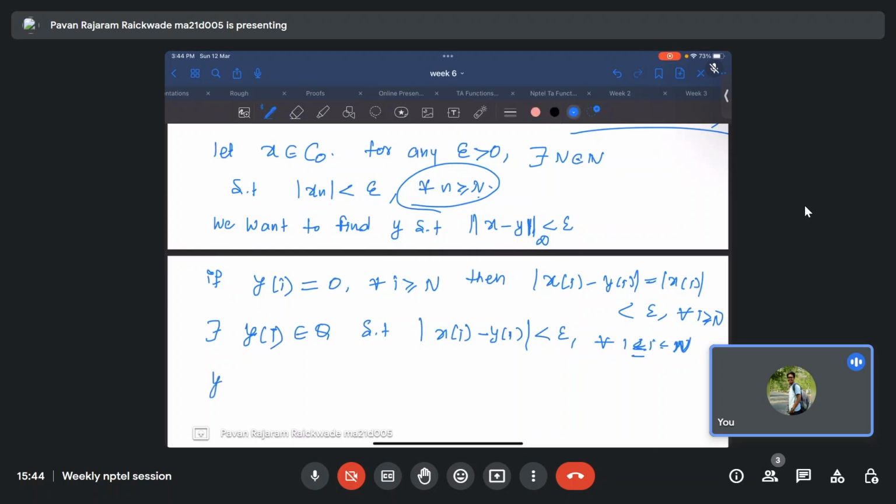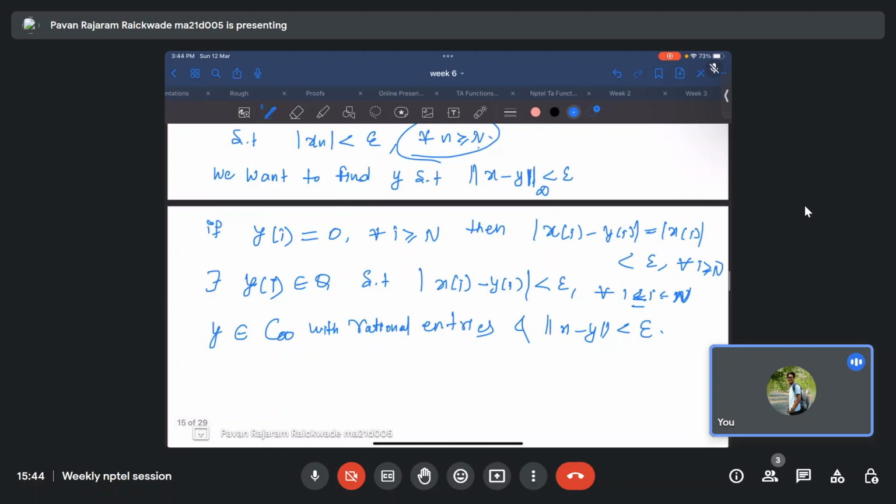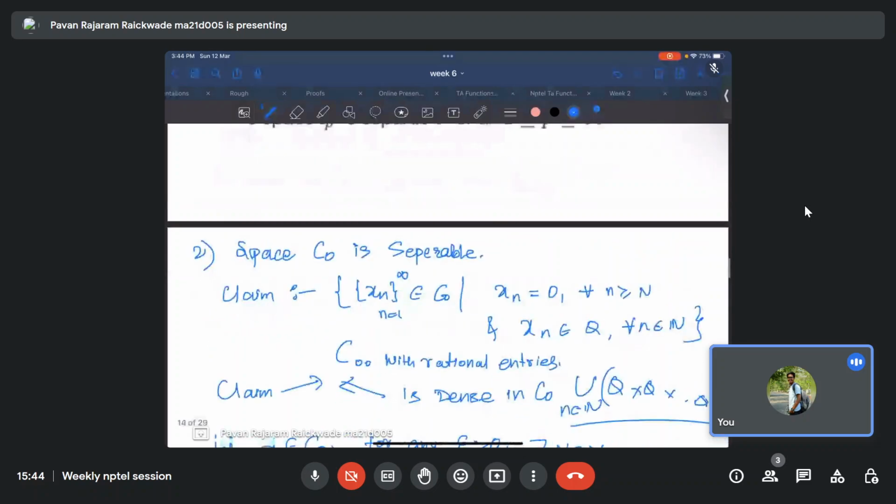So now this y belongs to c00 with rational entries, and norm of x minus y is strictly less than epsilon. So for any epsilon ball around x, there exists a point y from this countable set, and hence it is dense. So c0 is separable.